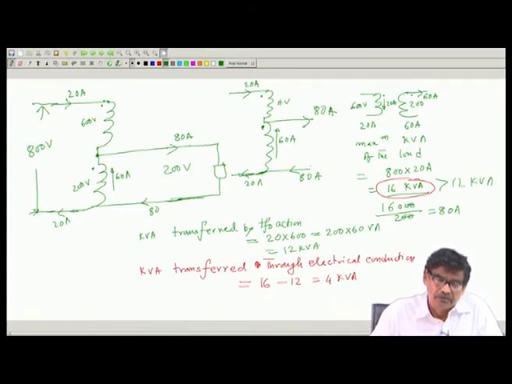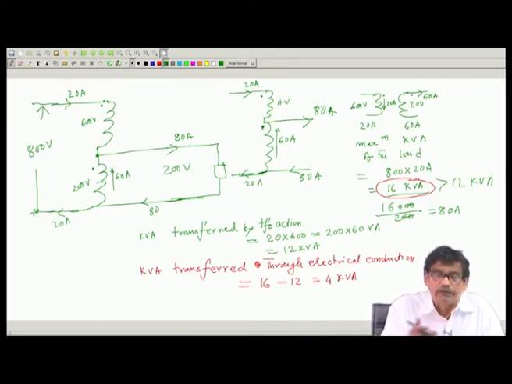We also told that this is possible in this mode of connection because power will be transferred from a source to the load side by two actions. One is just by transformer action, another is by electrical conduction.